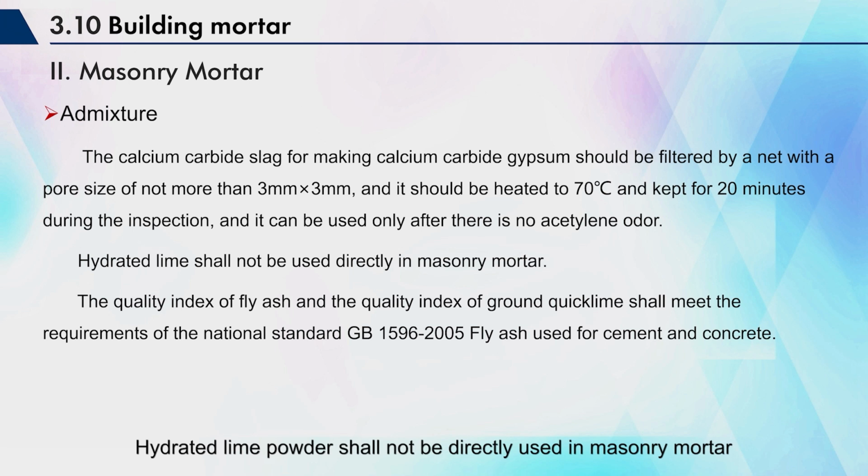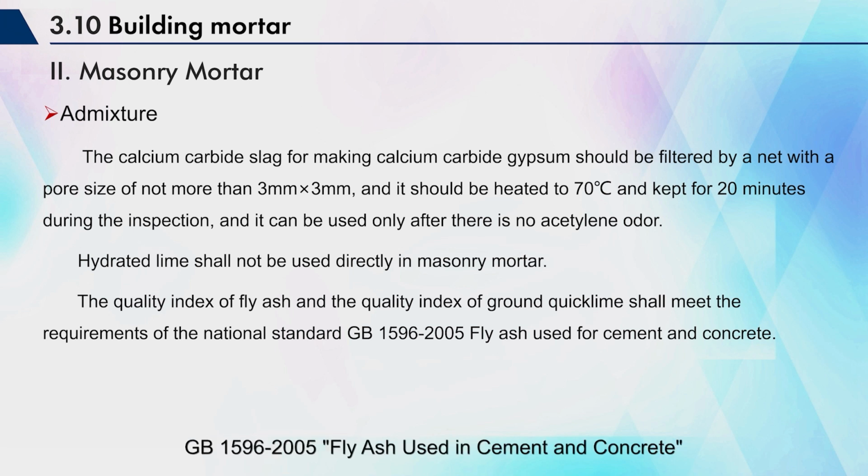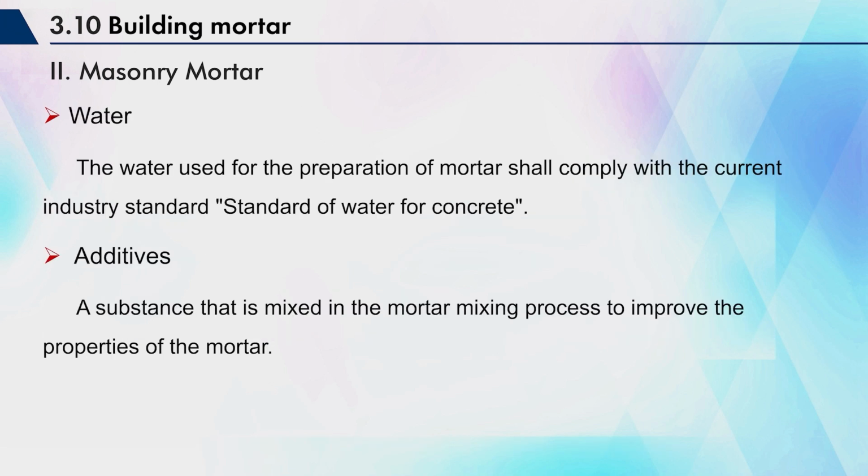Hydrated lime powder should not be directly used in masonry mortar. The quality indicators of fly ash and ground quicklime should comply with the requirements of the national standard GB 1596-2005, Fly ash used in cement and concrete.